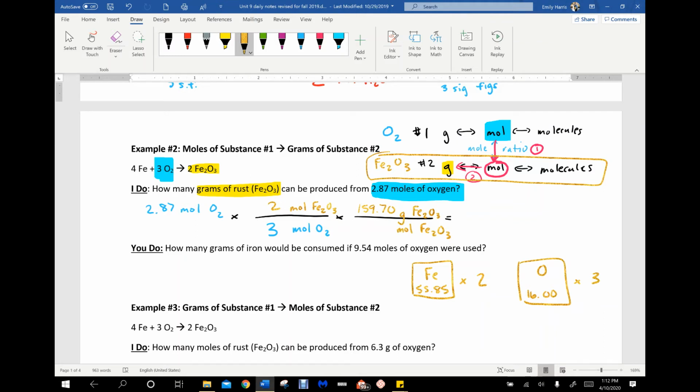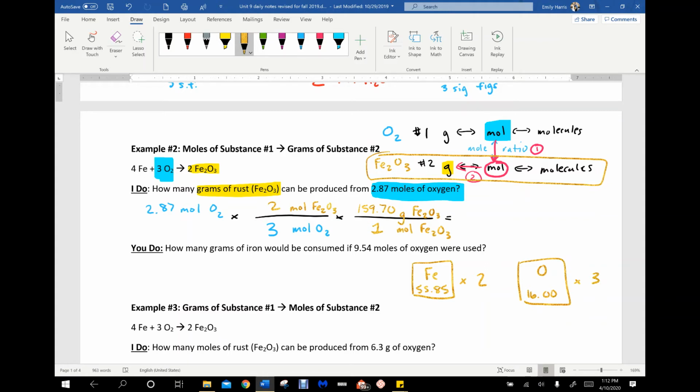Anytime we're using the molar masses from the periodic table, those numbers are defined as being per mole. So when you're doing molar mass, this is where the 1 mole is going to come into play. The mole ratio comes from the equation, but the molar mass is set with a reference point of 1 mole. So it's 159.70 grams of rust per 1 mole.